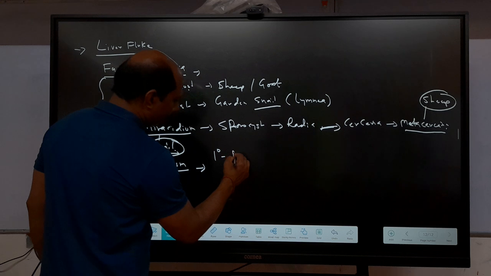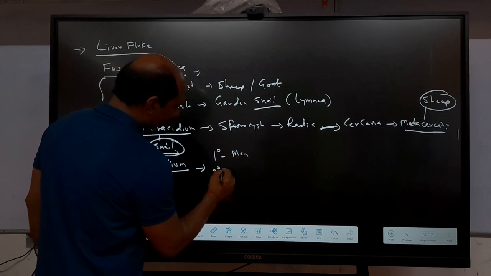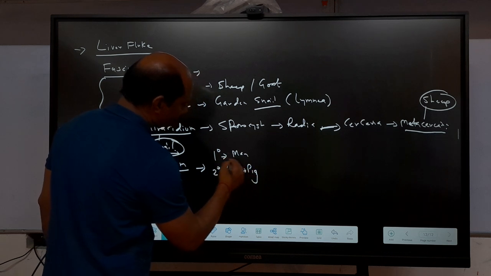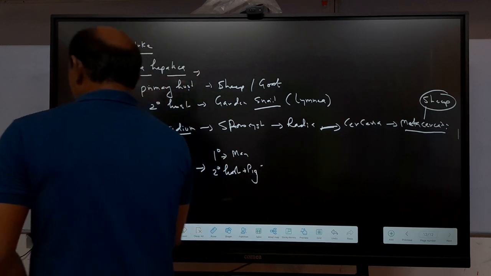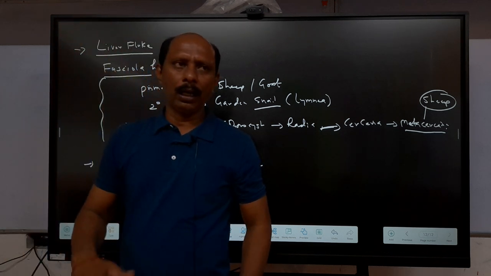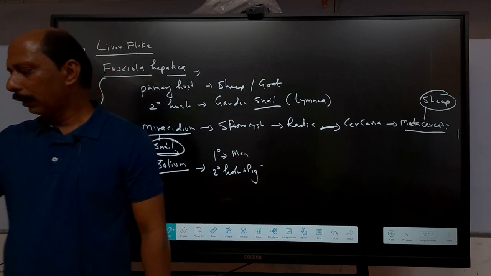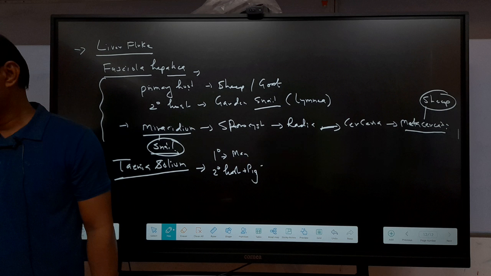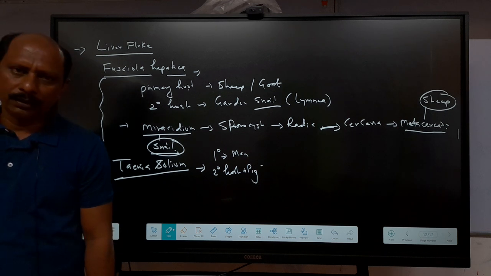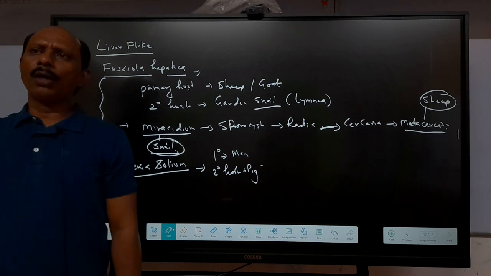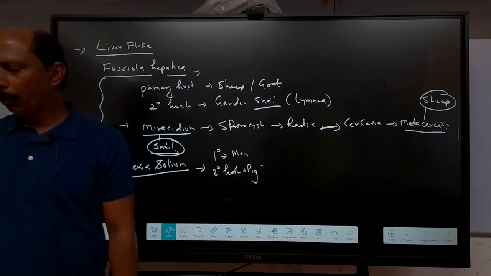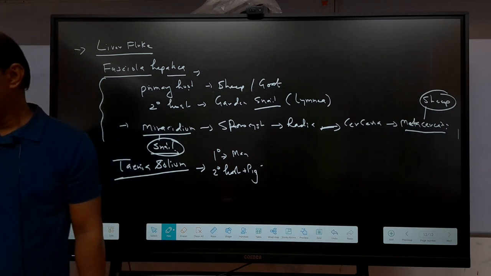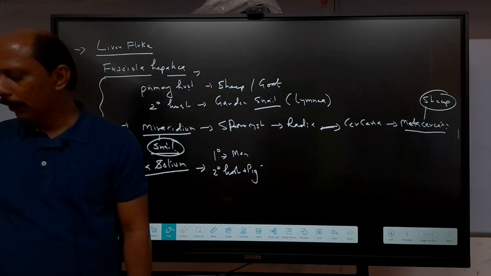The primary host is man and the secondary host is pig, right? So the question is, what are the different larval stages? Here we have 4 larval stages: first Onchosphere, hexacanth, bladder worm, and last one is Cysticercus, right?